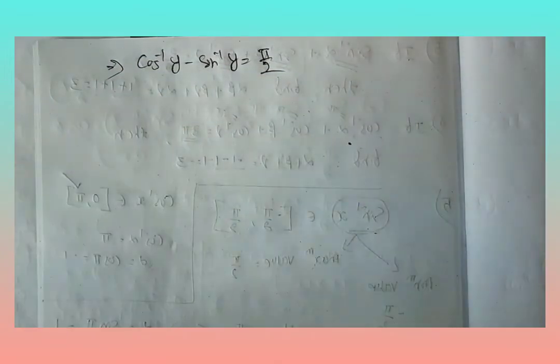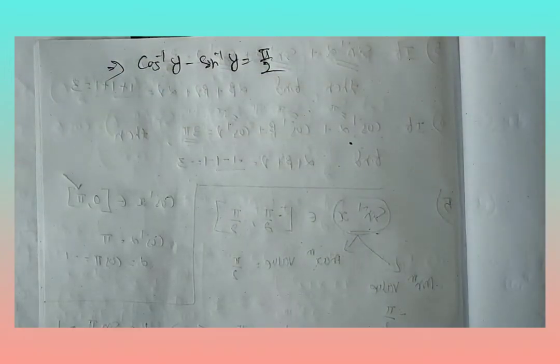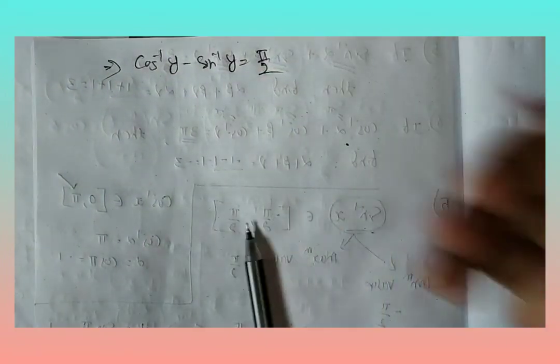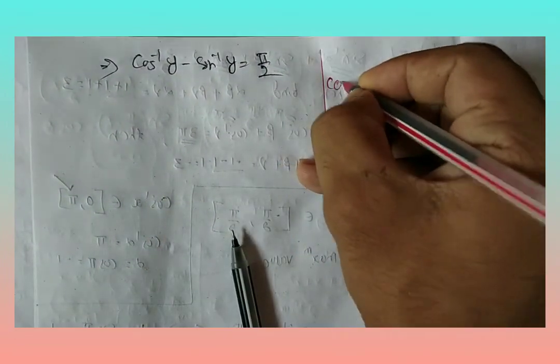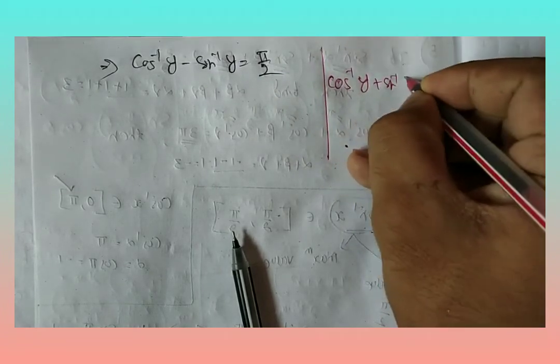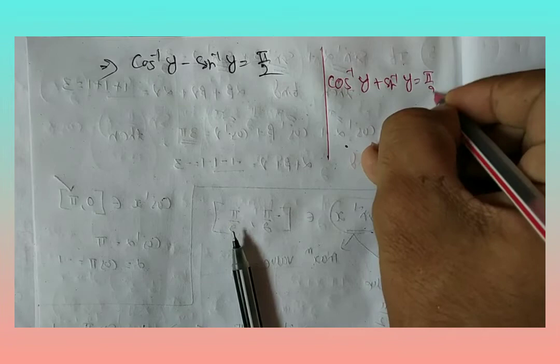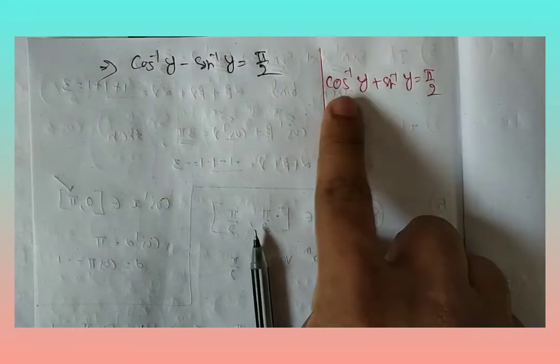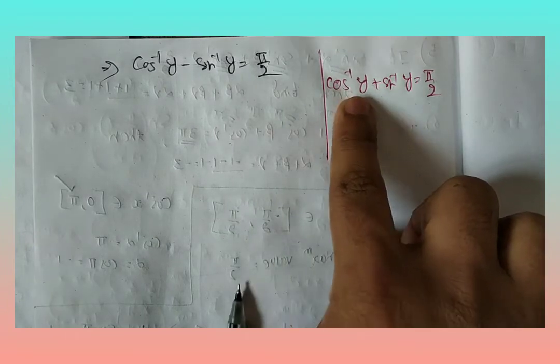This is the answer: cos inverse y minus sin inverse y equals pi by 2. Now we know that cos inverse y plus sin inverse y equals pi by 2. This is our formula, type 3 or type 4, maybe type 3 or maybe type 4.